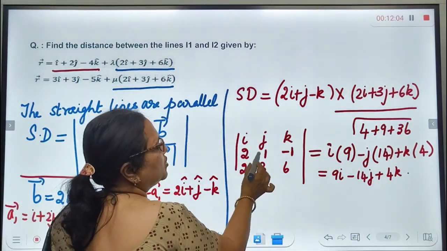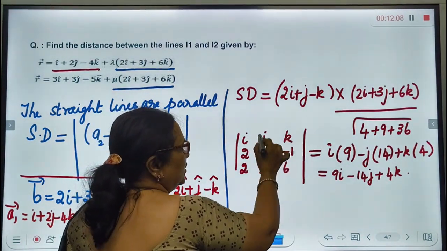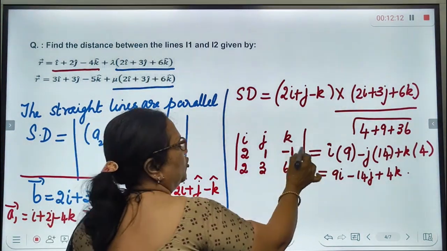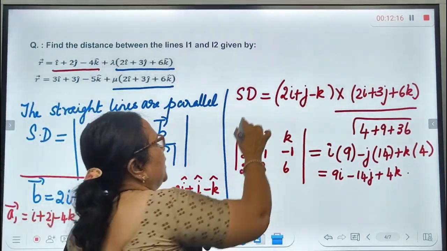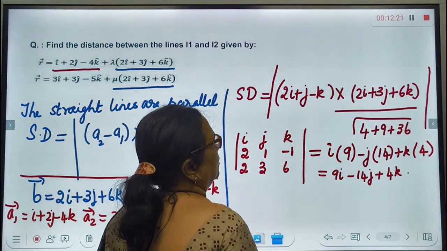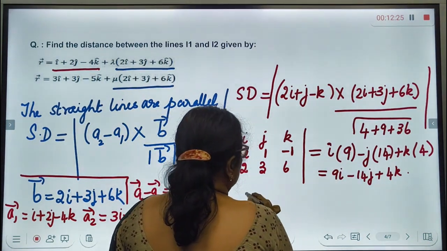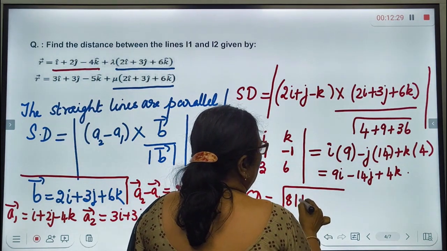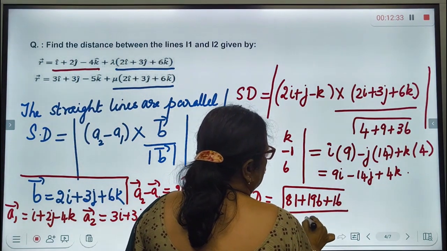So, i into 6 plus 3, which is 9, minus j into, leave out the middle column and row, you will get 12 plus 2, which is 14, plus k into 6 minus 2, which is 4. But I told you, you should always take the absolute value. The denominator we have is 7. So what is the numerator? The shortest distance will be square root of 81 plus 196 plus 16 by 7.